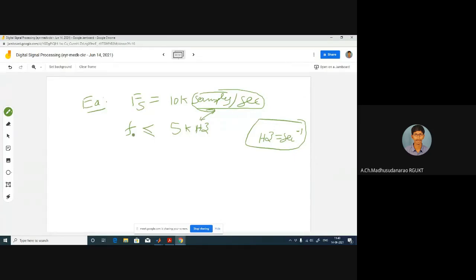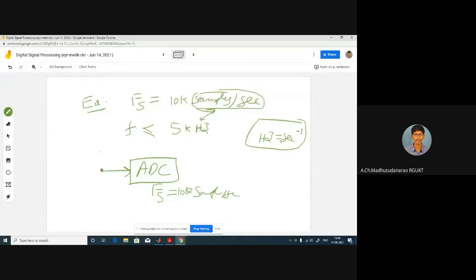F max equals 5 kilohertz. The meaning of this is I have an analog to digital converter with Fs equal to 10 kilo samples per second.